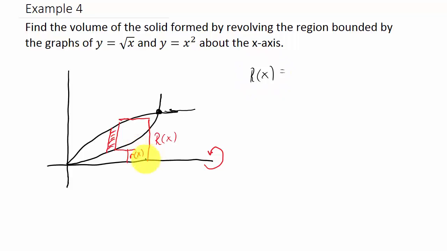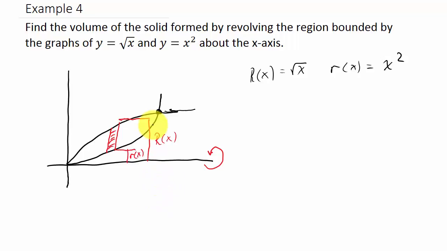This is the axis that we're revolving it around. The bigger radius is this curve, so that's going to be the square root of x, and the little radius, little r, is this curve, so that distance is x squared. Remember, big R and little r are the distances from the axis you're revolving around.